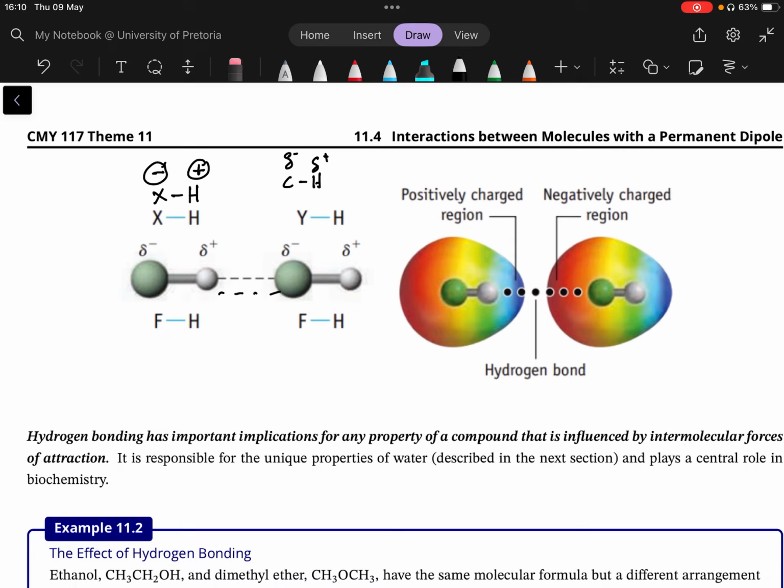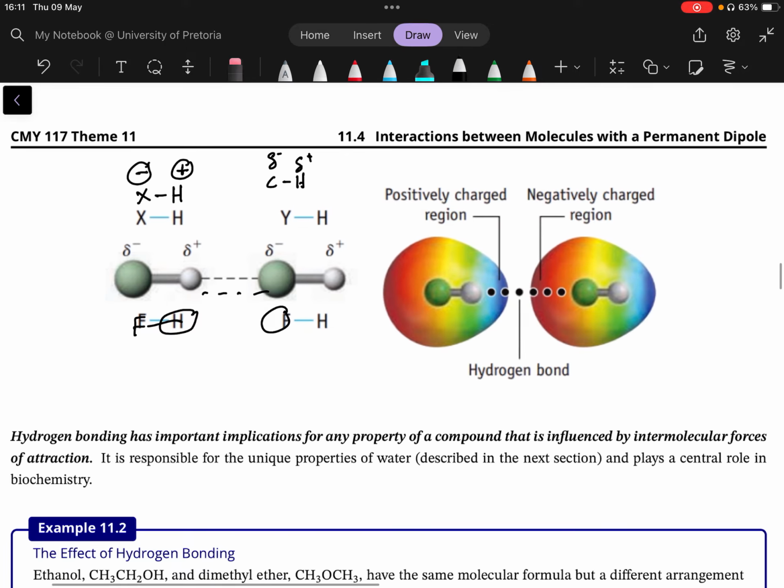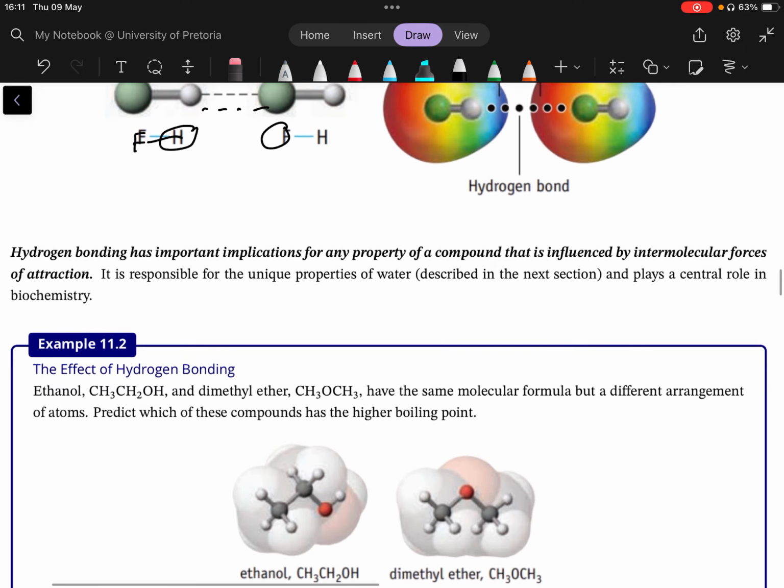So these molecules allow for this dot, dot, dot notation. So this hydrogen interacts with this fluorine and is formally bonded to another one. Some people even argue that they are formal bonds, but we stay with this for the moment. So like I say here, hydrogen bonding has important implications for any property of a compound influenced by intermolecular forces.